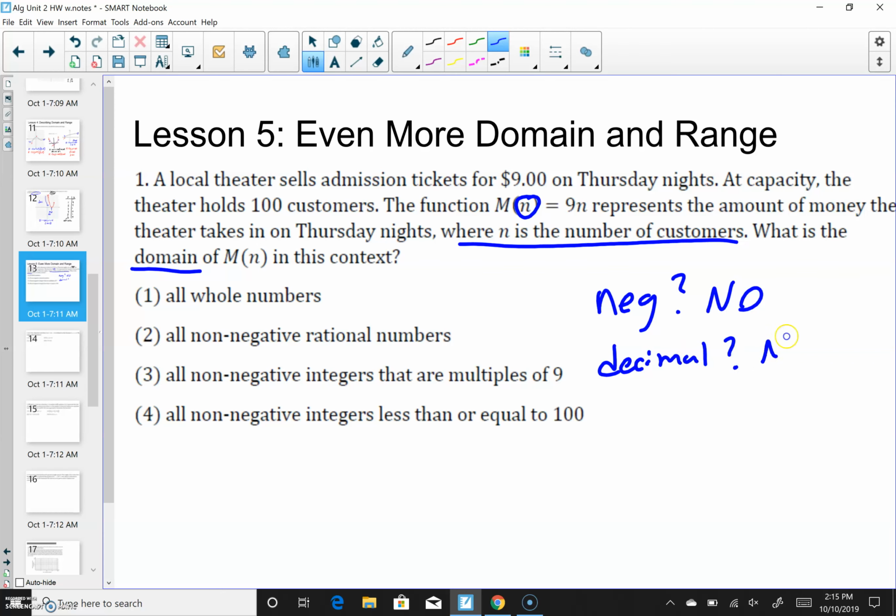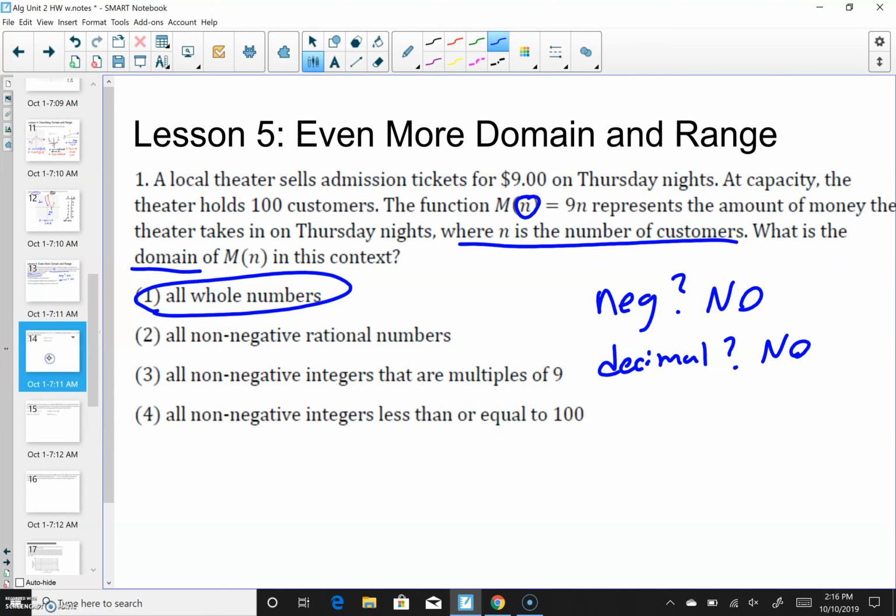I think we would all agree the answer is no. So since you can't have any negative customers, you can't have any decimal customers, we are stuck with our whole numbers as our domain. They try to make multiples of 9, but that would be our range, not our domain. So remember, whatever shows up in the parentheses is going to be our domain.